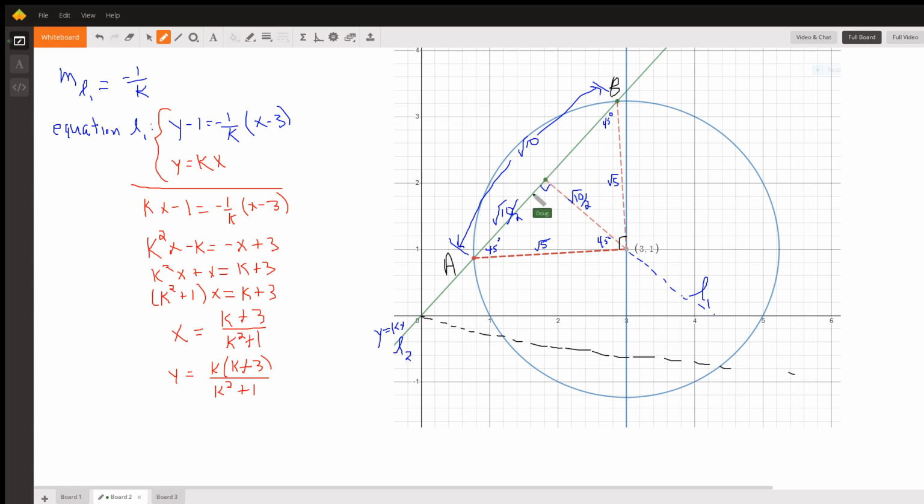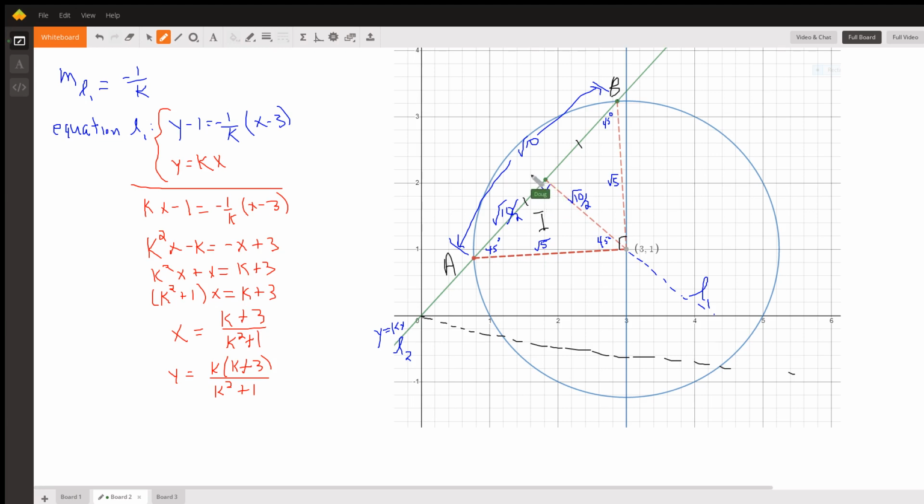And so when I drop this altitude, these 2 green segments right here are radical 10 divided by 2. And then this altitude, because of this isosceles right triangle here that I'll label triangle 1, the legs have to be equal. So this altitude is radical 10 divided by 2.